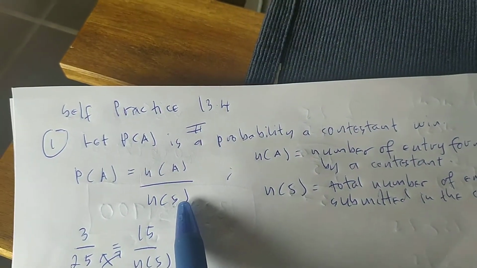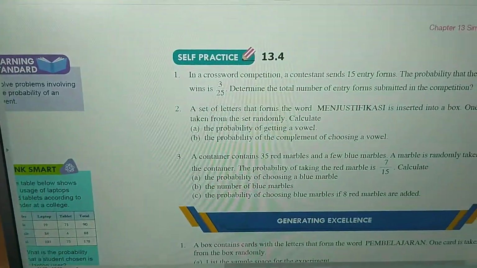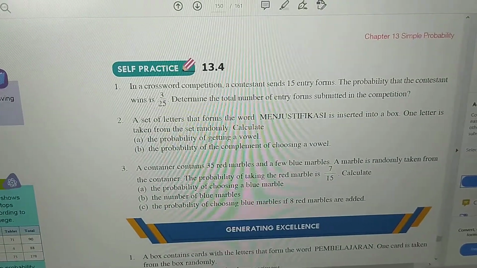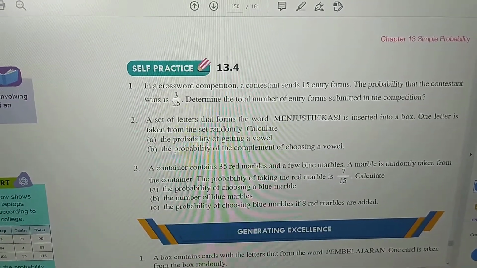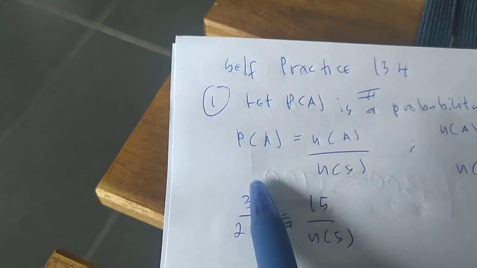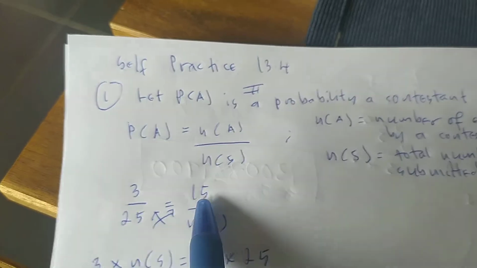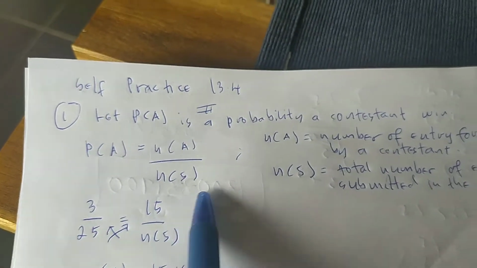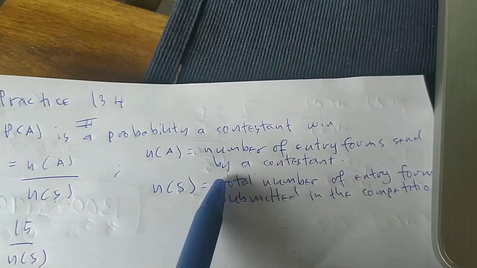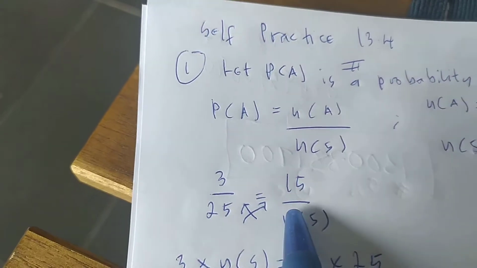The probability of the event A is already given in the question, the probability of the contestant winning, which is 3/25. So you substitute P(A) with 3/25, which is equal to n(A), the number of entry forms sent by a contestant, already given in the question as 15 entry forms. So n(A) you substitute with 15.